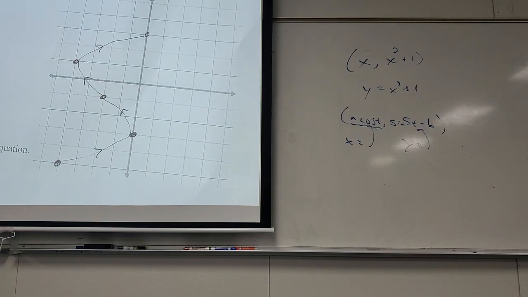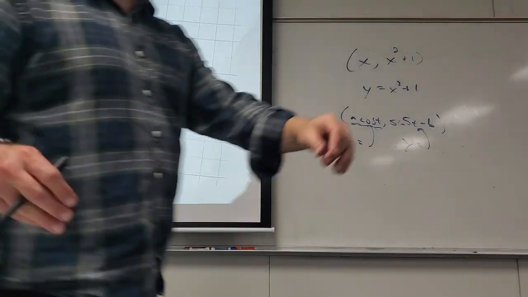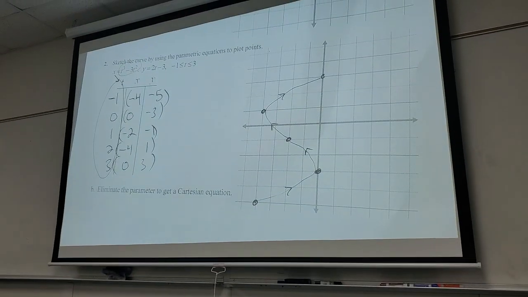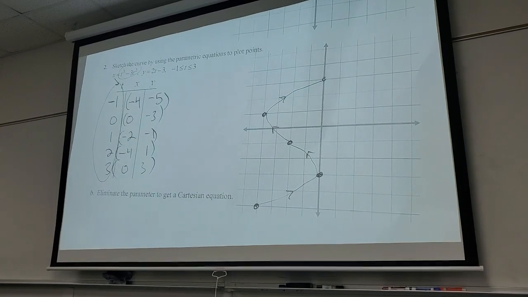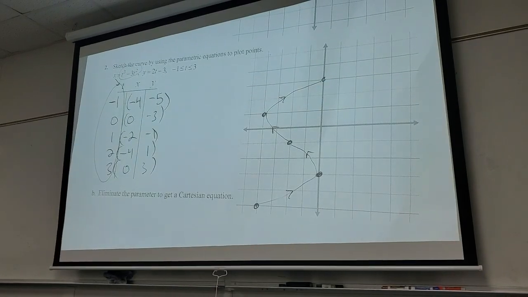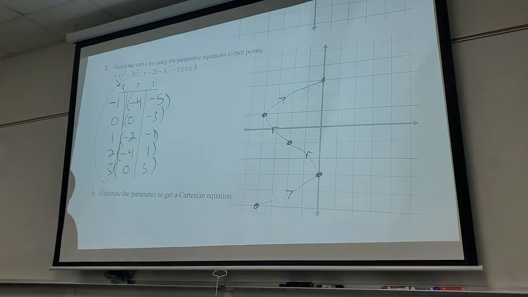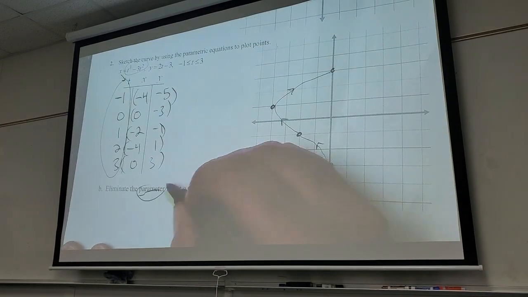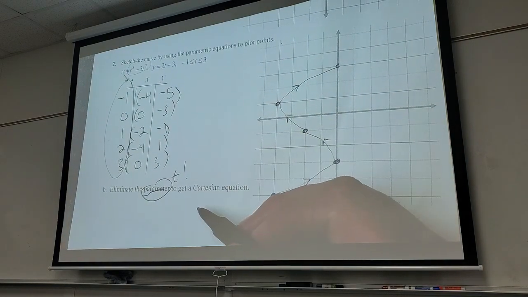What about this? How am I going to do this? Anybody? How do I get rid of t? That's the parameter, t. So which one am I going to solve for t?